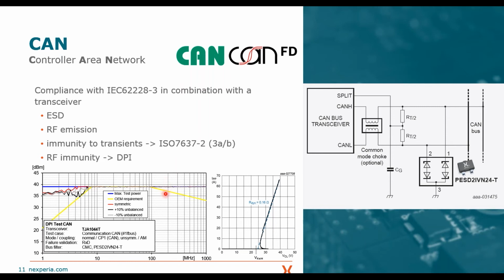But one hint here on this DPI: different to the DPI tests for LIN, there is also another case taken into account. Due to this differential signaling, there is a possibility to have some unbalanced lines.